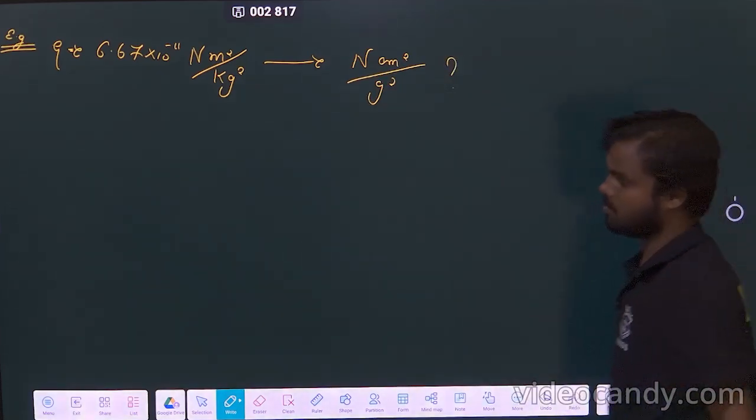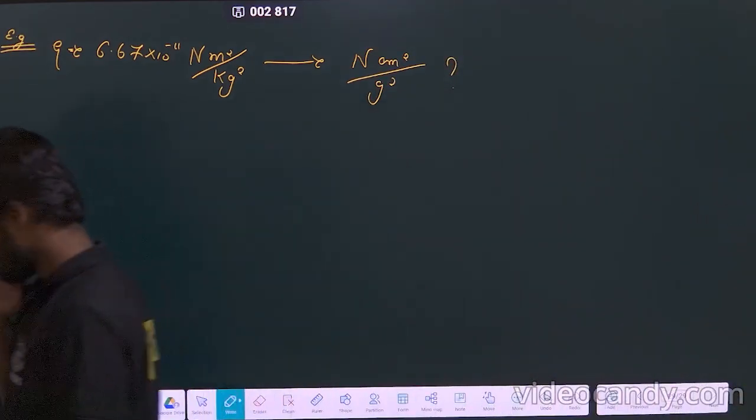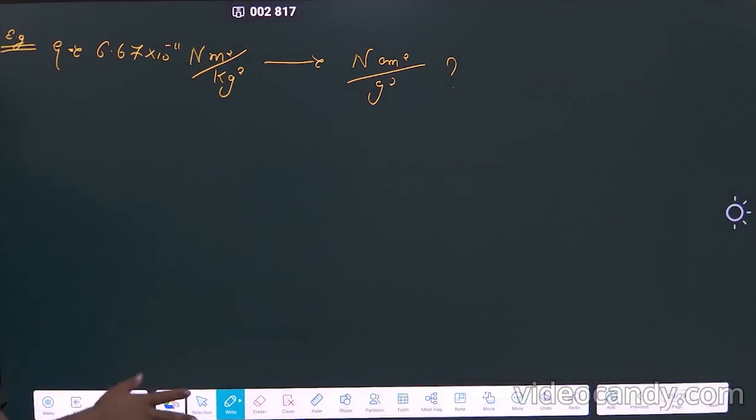Just solve this, just for your practice. I am giving this type of question, otherwise this type of question is not important. Just solve this and write down your answer. I give you 1 minute to solve it.